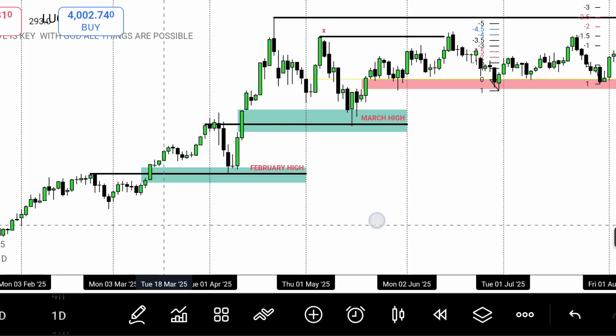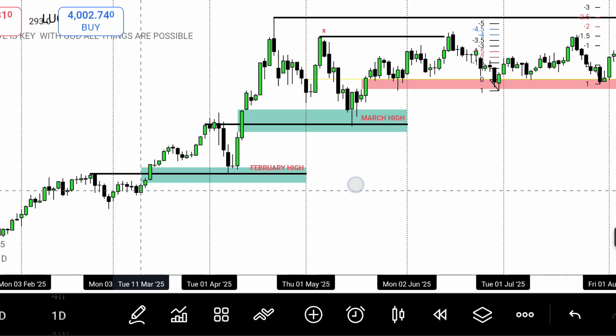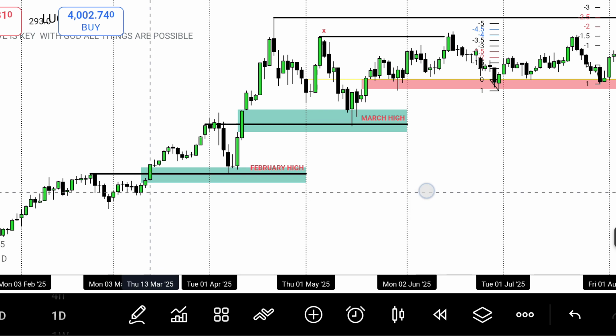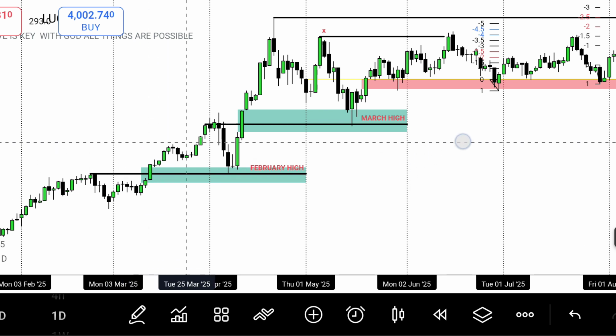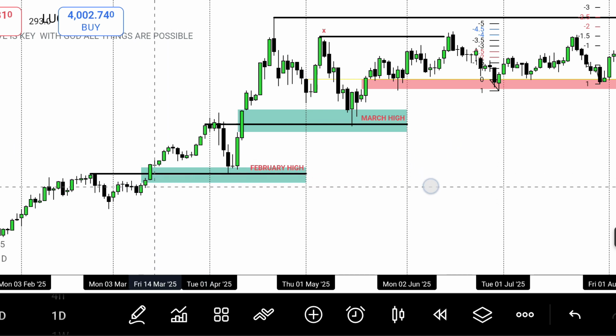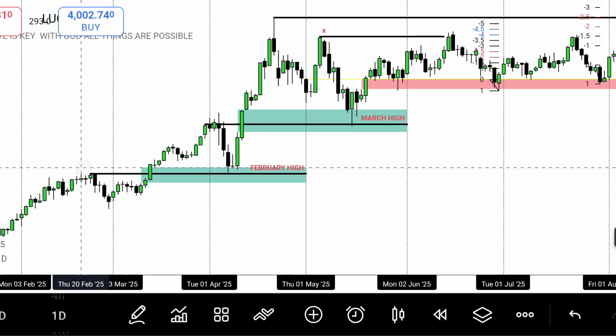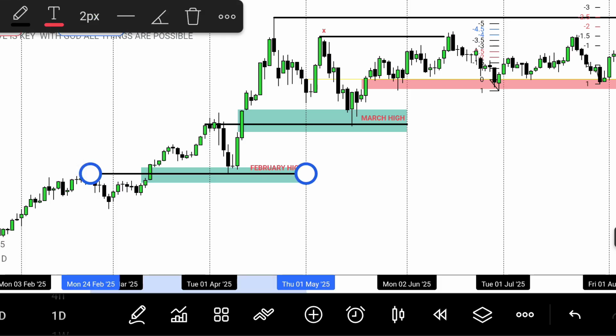Maybe I'm in the month of March, because look at March now, and March was bullish. What do we see? We displaced through this month's high, the February high, which is this black line I've annotated.